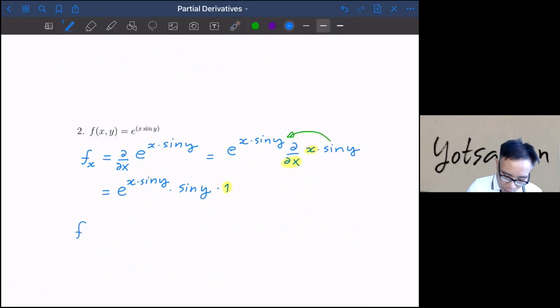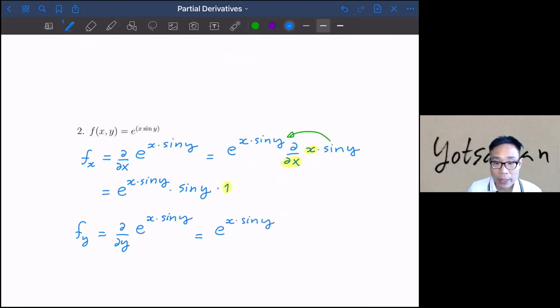For the partial derivative with respect to y, it's going to be d/dy of e to the x sine y. And this one again is going to be e to the x sine y. Okay, and you have d/dy of x sine y.